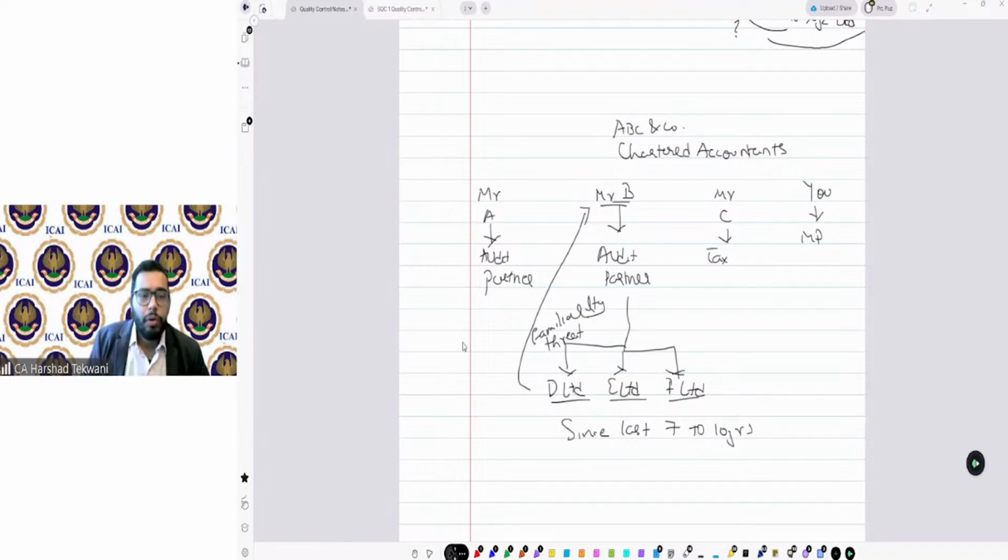Okay. So is there any mechanism in your firm to identify such kinds of threats, the threats we saw to fundamental principles? Do you have such a mechanism in your firm to identify threats to fundamental principles?